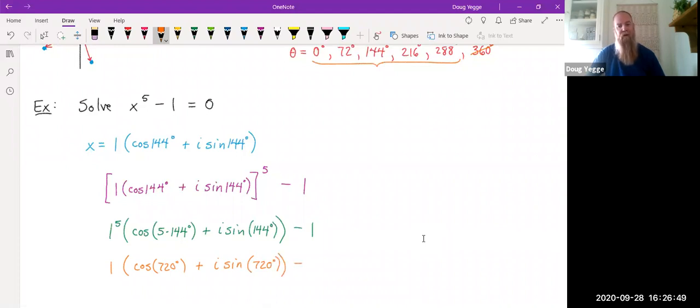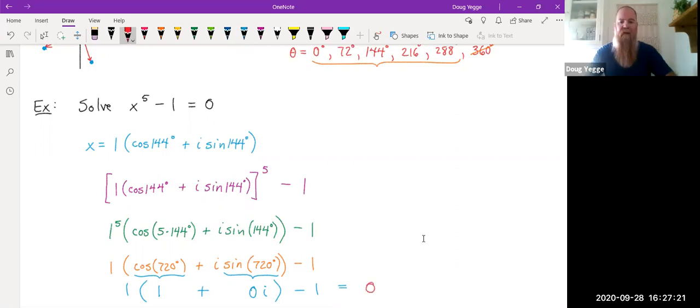That is coterminal to the angle of 0, which means that by our coterminal angles, cosine of 720 degrees is 1, and sine of 720 degrees is 0. So what we're left with inside here is 1 plus 0i times 1 minus 1 is sure enough equal to 0.